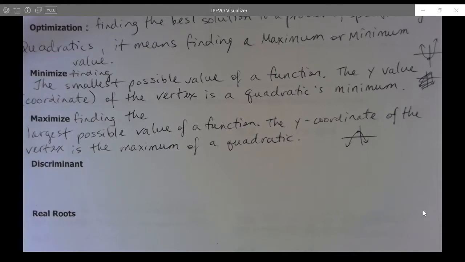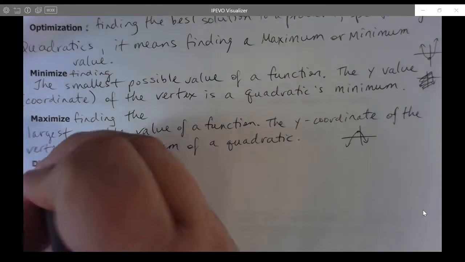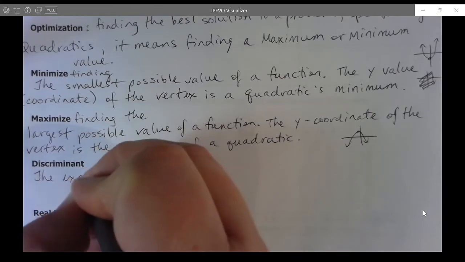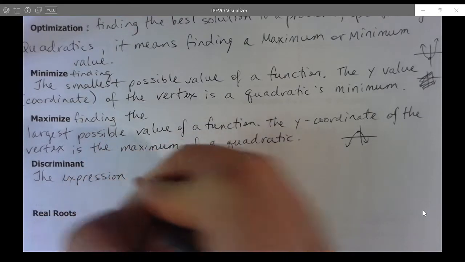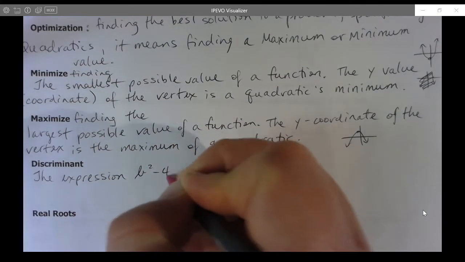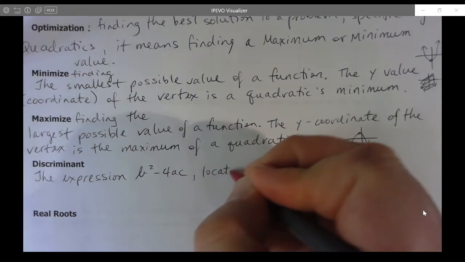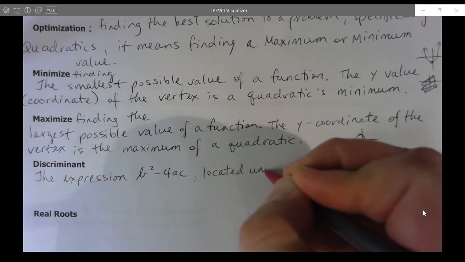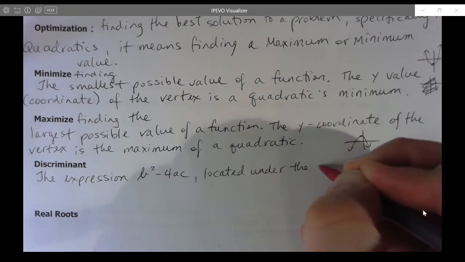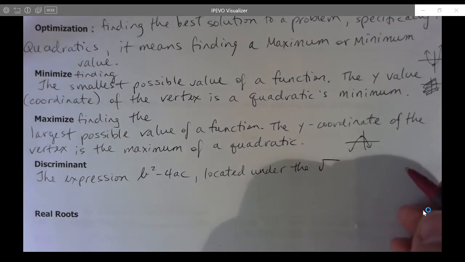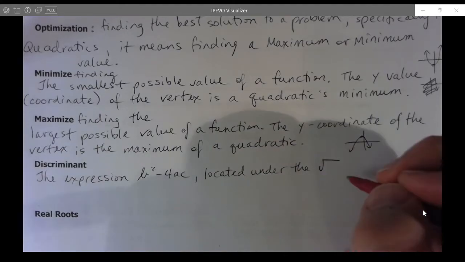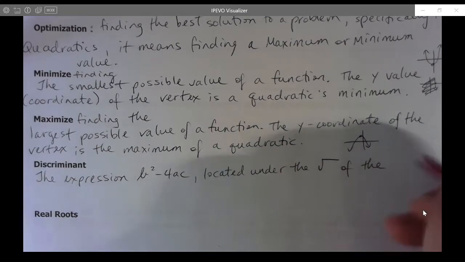The discriminant is the expression b squared minus 4ac located under the radical, the square root, of the quadratic formula.